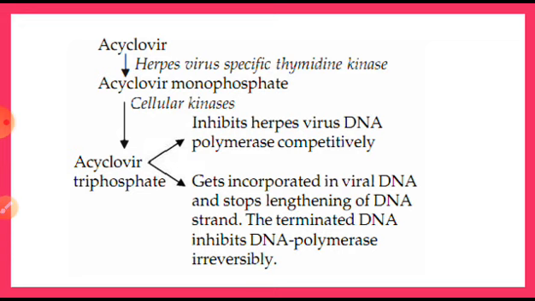Because there is a competition now. You have the new acyclovir triphosphate, which inhibits herpes virus DNA polymerase. Now herpes virus DNA polymerase cannot work on it because the 3' end is not there. So the viral DNA polymerase becomes irreversibly bound to the acyclovir-terminated chain and terminates the DNA chain. And because it is irreversibly bound there, it is not available further also. Okay.